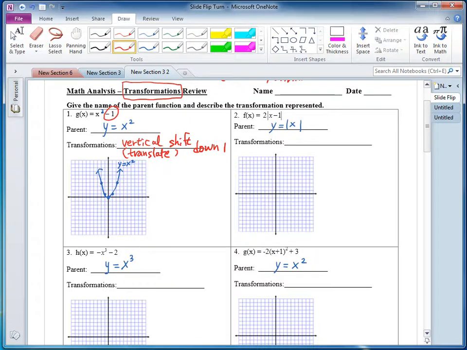Vertex will be moved 1 down, and 2 and 4 1 down. So this will be at 2 and 3. Alright, the other points, move 1 point down, and then connect the points nicely and smoothly.